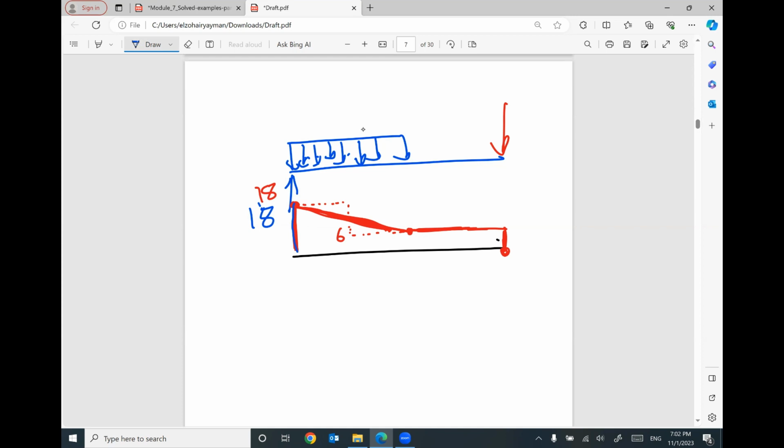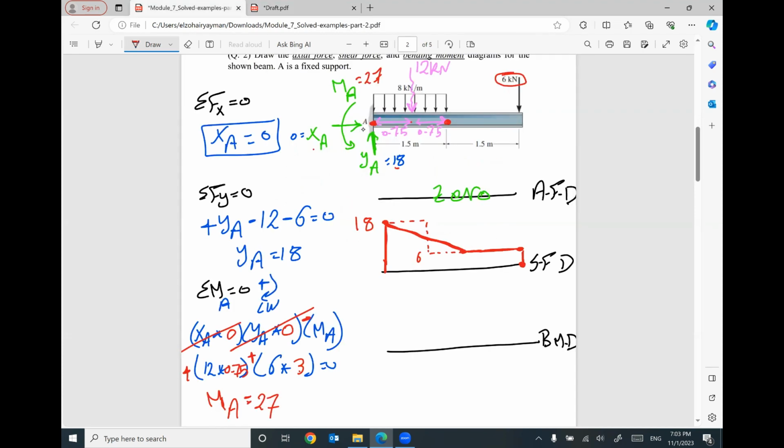This is the reason why your line is moving down until you reach it to the end of the distributed load. So how can I do this? I used the equivalent. I used the dotted line to help me to reach out to this shape. Okay? This diagram is positive and this diagram is positive.